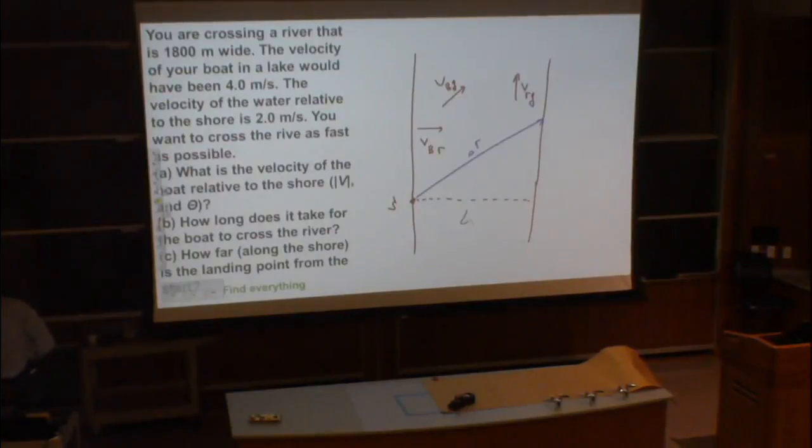So this is what we call Lx. This is what we call Ly. This is some kind of an angle, which probably we need to calculate. But the good thing is velocities also form a right triangle with exactly the same angle. This plus this equals this.